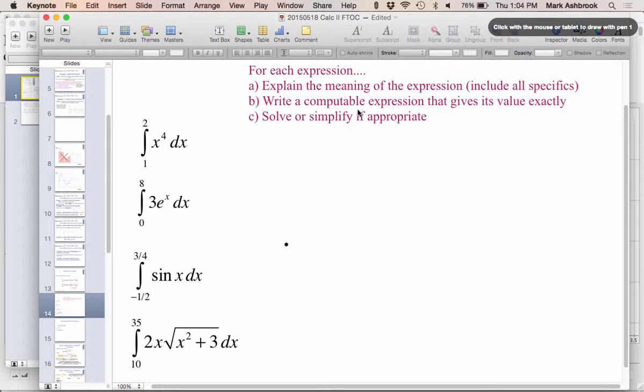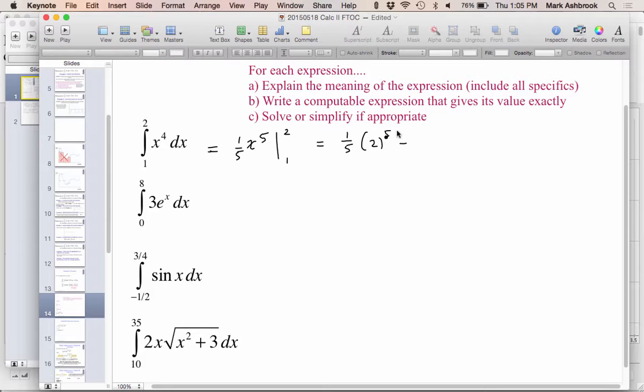It's e to the x, plus the derivative of the inside, which is 1. e to the x from 0 to 8, which would be 1.